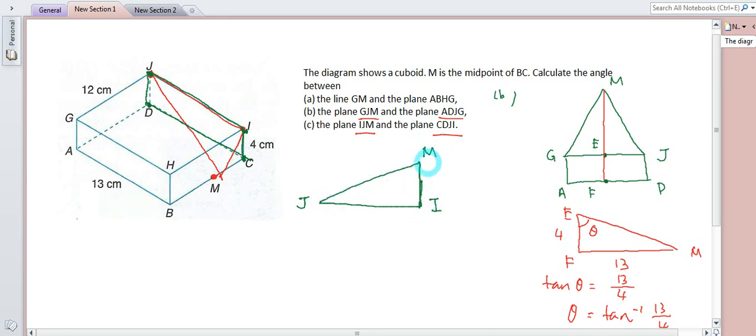You will get like this. This is actually M. This can go down. I will be C here. So J, you will get D here.